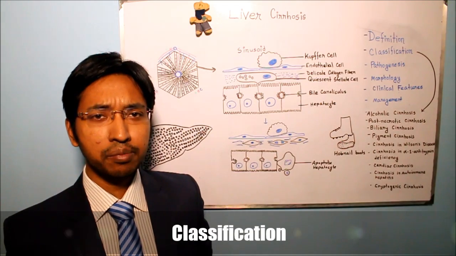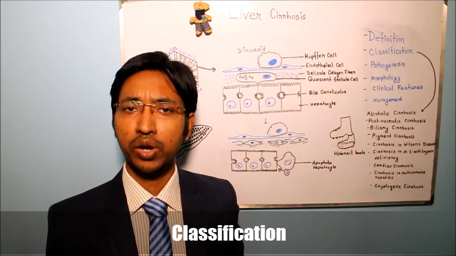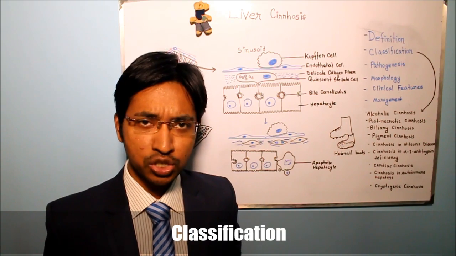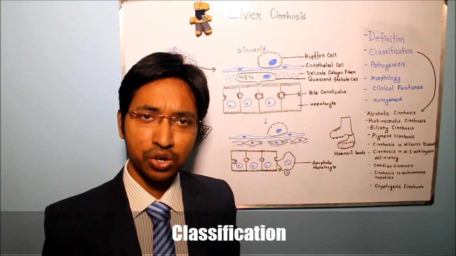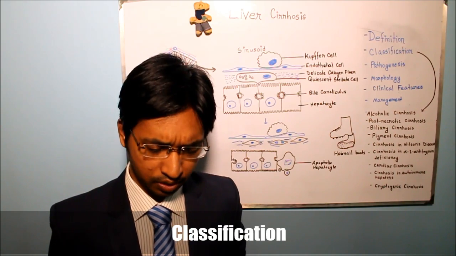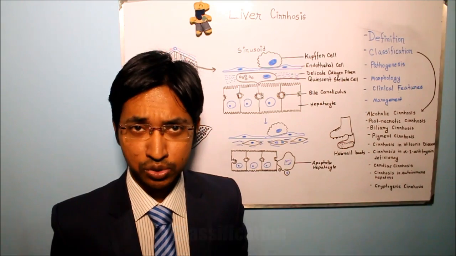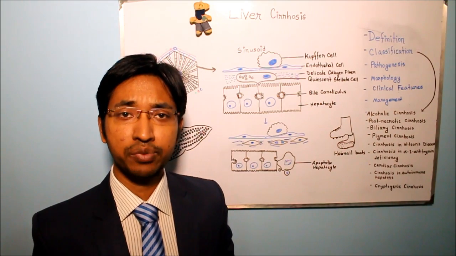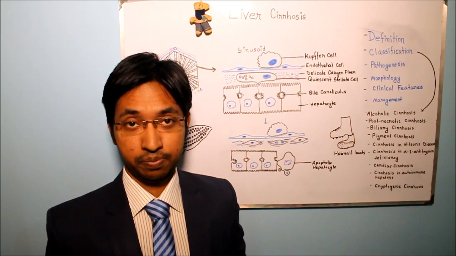Now always remember, we can classify liver cirrhosis in a variety of ways. According to morphology, it can be micronodular, macronodular, and mixed. Now, what is the micronodular type of liver cirrhosis? Here, the diameter of the nodules will be less than 3 mm.